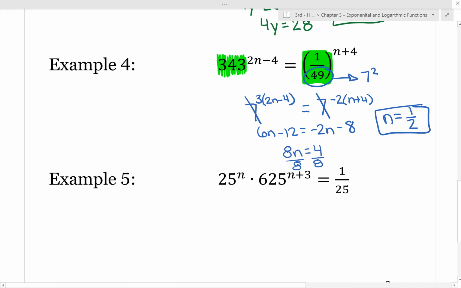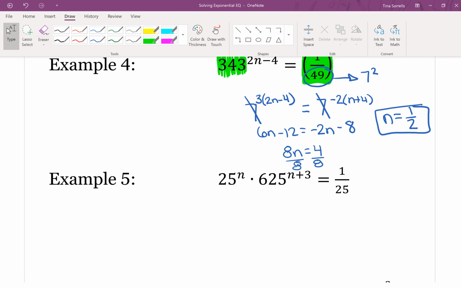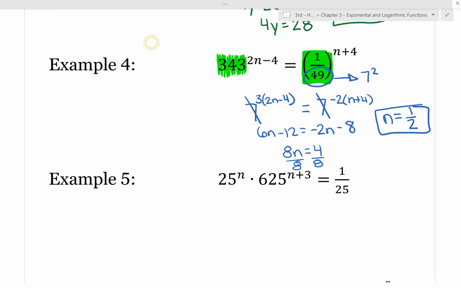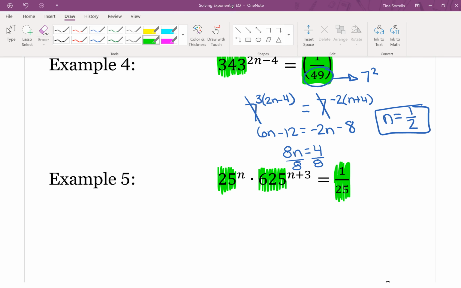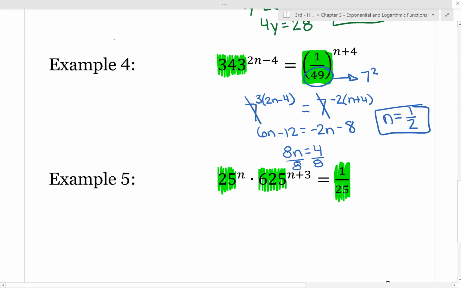Okay, next one has a few larger ones in it as well. So here's our base of 25, 625, and 1 over 25. Okay. What do you guys think? What number to what power gives you some of those?